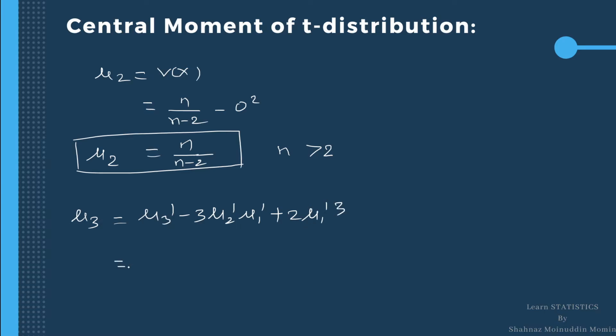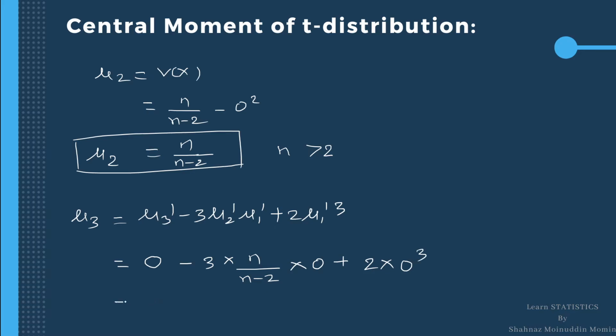By substituting the values of raw moments which we have obtained in the previous lecture, since mu3 dash is an odd raw moment, it is 0, minus 3 into mu2 dash, which is n upon n minus 2, into mu1 dash, which is also 0 since the odd ordered raw moments of a T distribution are 0, plus 2 into 0 cube.